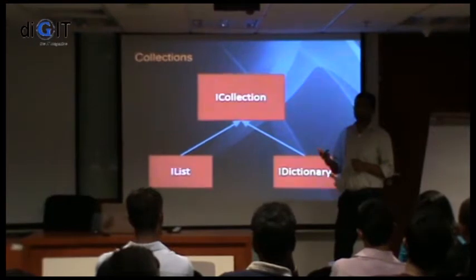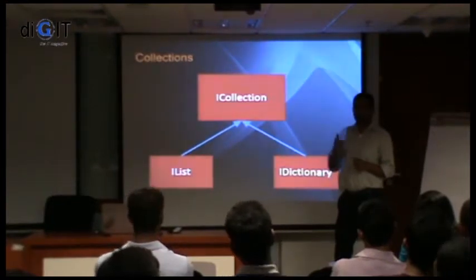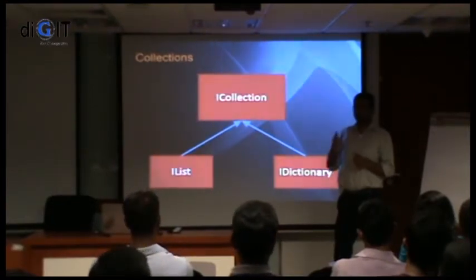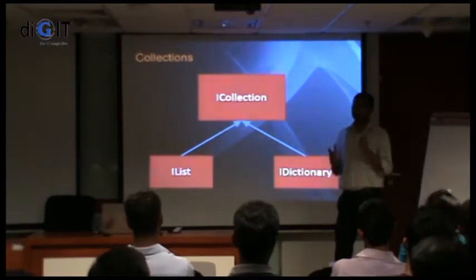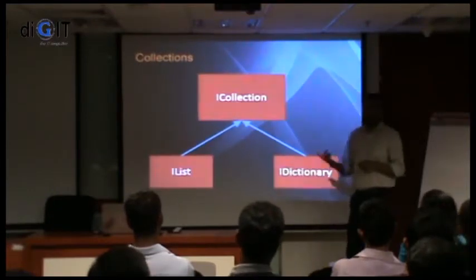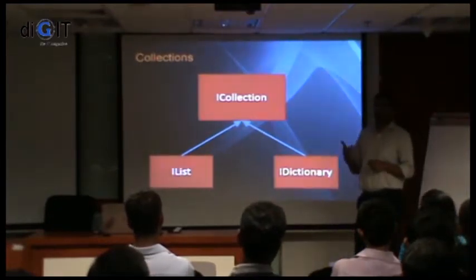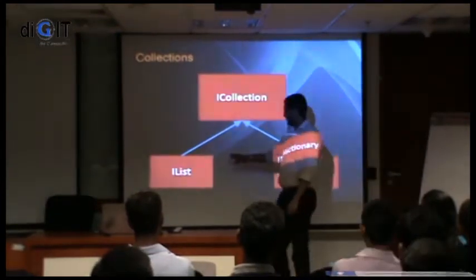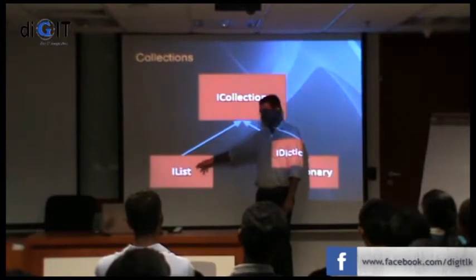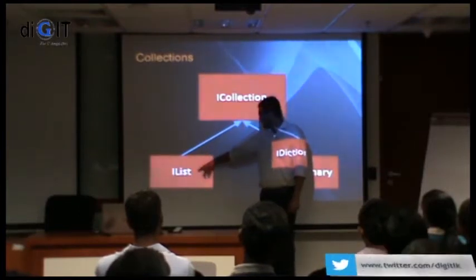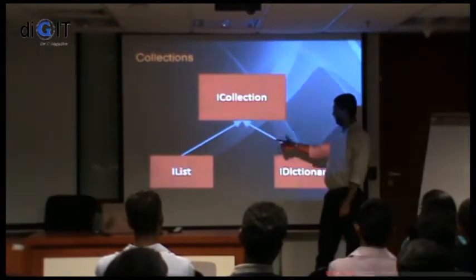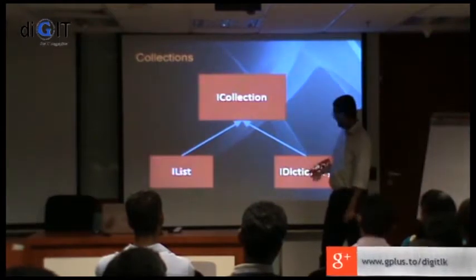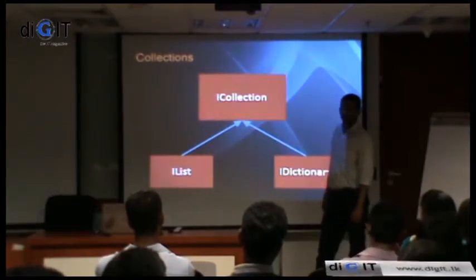One collection is, let's say, I want to store some single value, right? Another is I can store a key and a value, right? So basically, if you are storing one value, it will be implementing IList. If you are storing a key and a value, we will be using IDictionary, right?